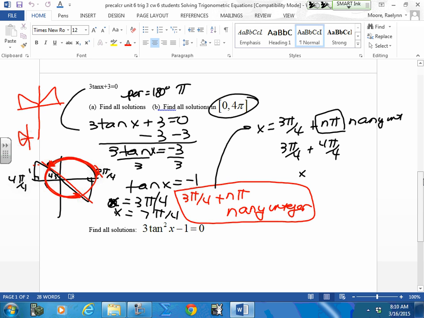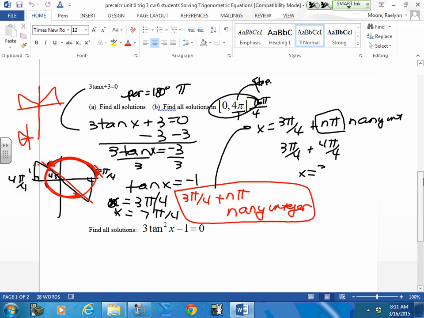So this is how we start. Now we want to stop when we hit 4 pi. Here's our stopping point. Convert this to over 4. So what would be my numerator? 16 pi over 4. So when I hit 16 pi over 4, I'm going to stop, rather than keep adding and have to keep checking. This is where I stop.